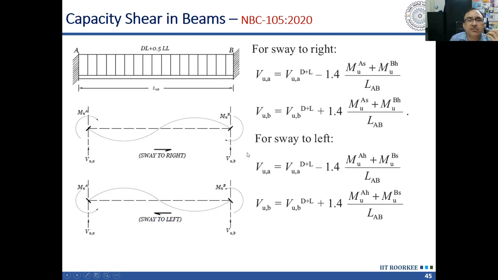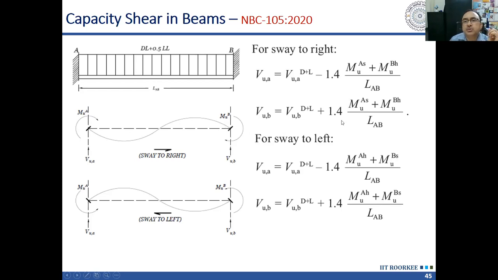And because earthquake is having reversal in its direction, this couple which we are getting at the beam ends will also reverse its direction. So in one case, the shear due to these moments will be added. In another case, the shear will be subtracted. So we have to consider these four conditions, and we can see that when we are considering this condition, the left end of the beam is in sagging, right end of the beam is in hogging.